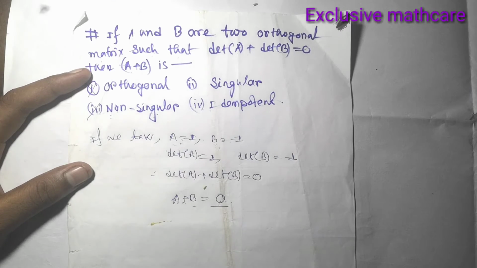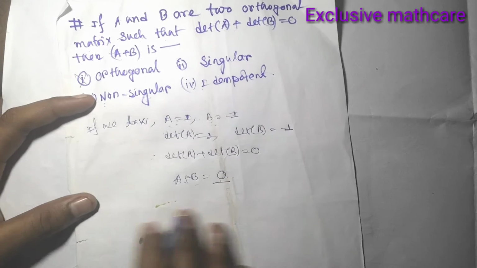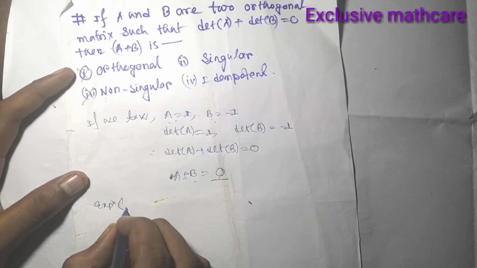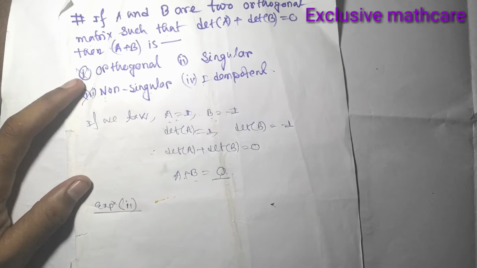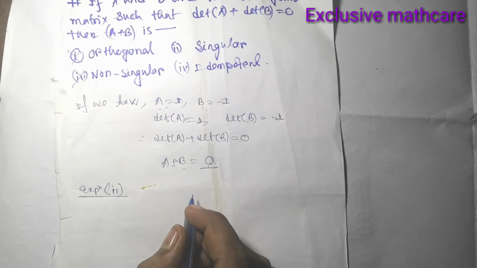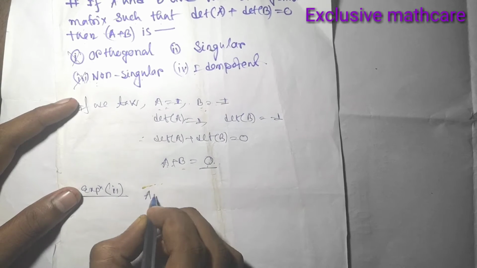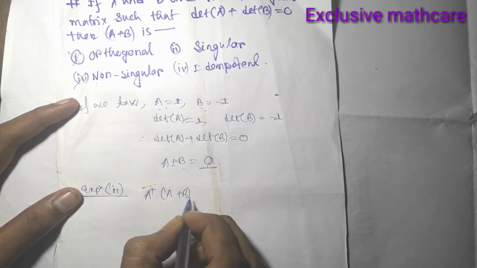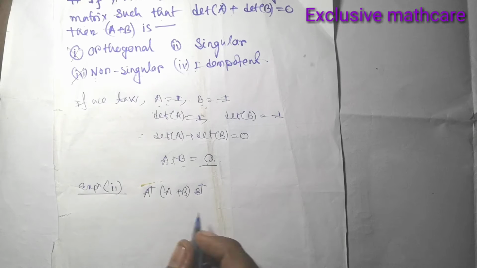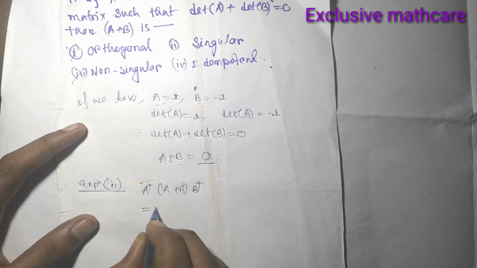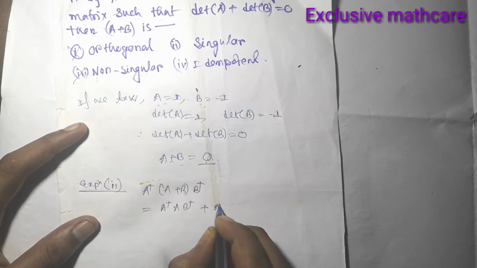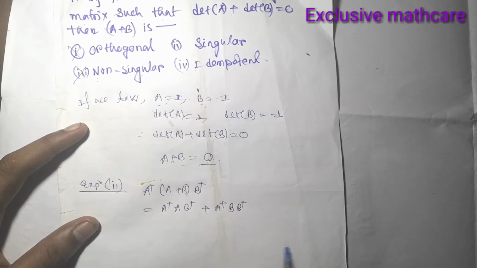Now we see option B, the explanation of option 2. Now this, A plus B equals B. Consider this expression. So this equals A transpose A B transpose plus A transpose B B transpose.